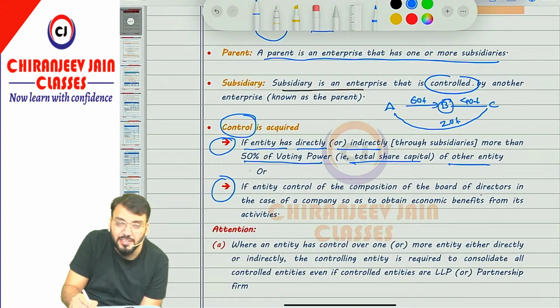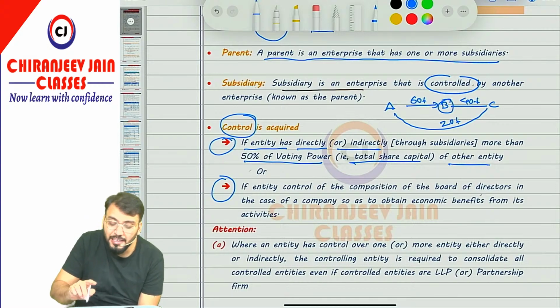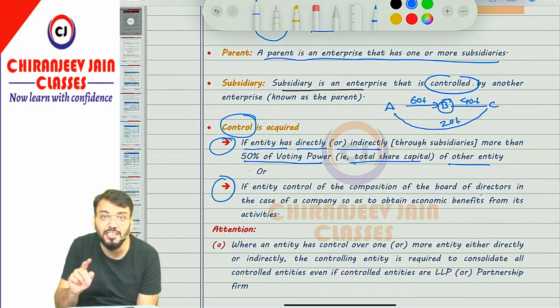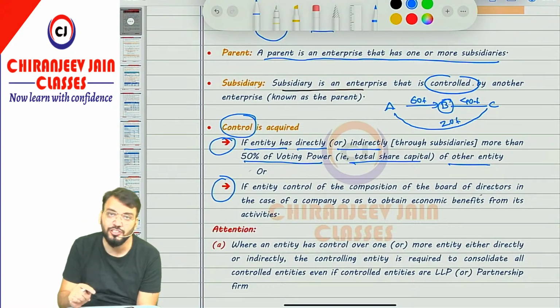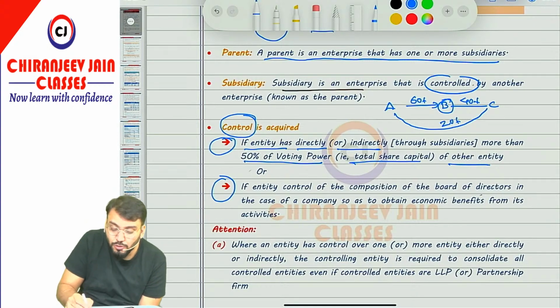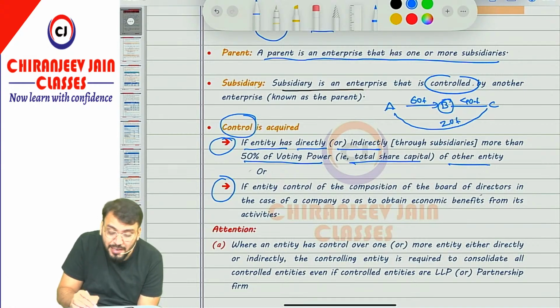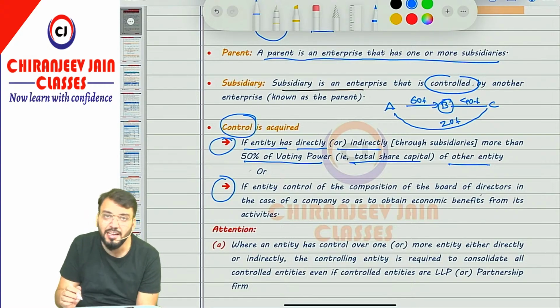Because B is a subsidiary, through B, A is also holding 40%. That is known as indirect holding. So 40 plus 20 becomes 60%. So in this case, A also has control over C. Got this point? So if the entity has control directly or indirectly through subsidiaries, indirect control should always be through subsidiaries. That is known as indirect control.